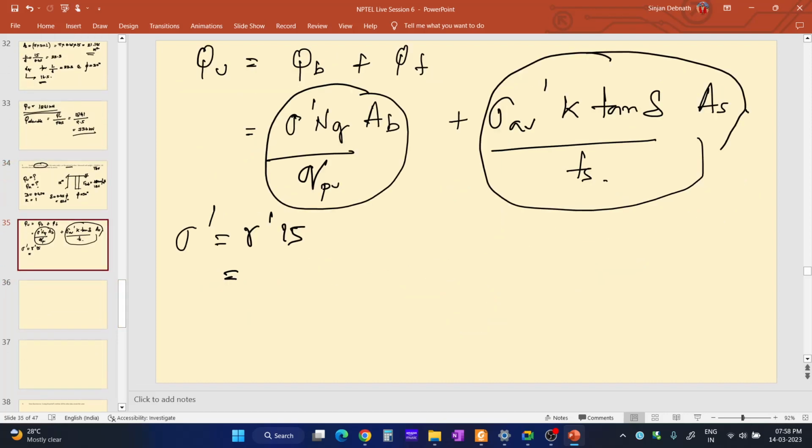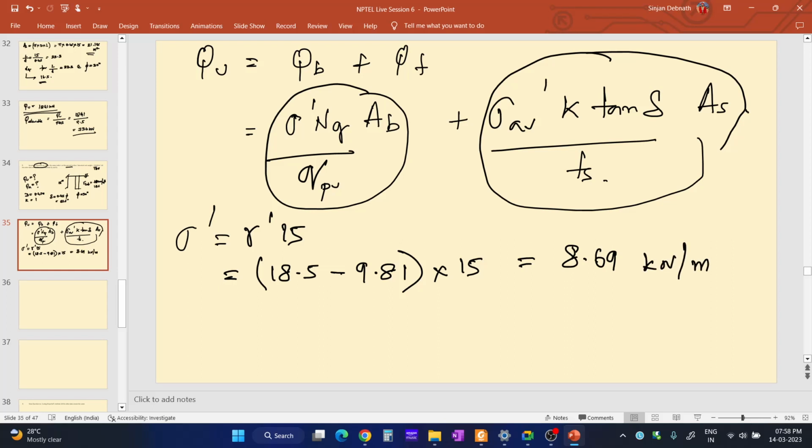So gamma submerged is 18.5 minus unit weight of water 9.81, into 15, the length of the pile. So it comes out to be 8.69 kilonewton per meter cube. Sorry, not this one.